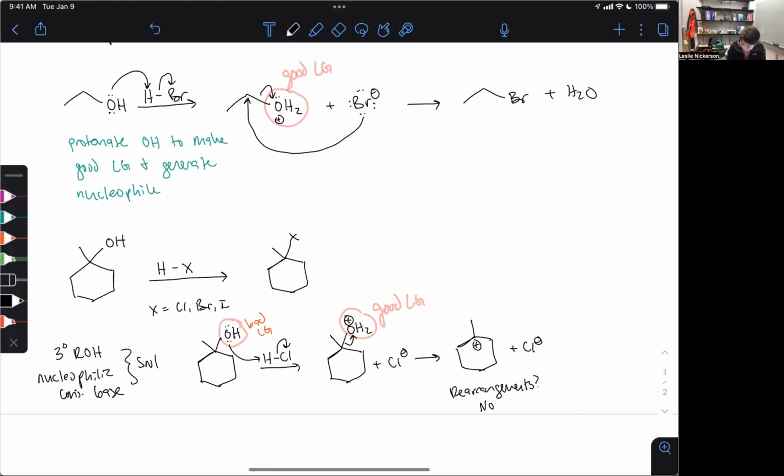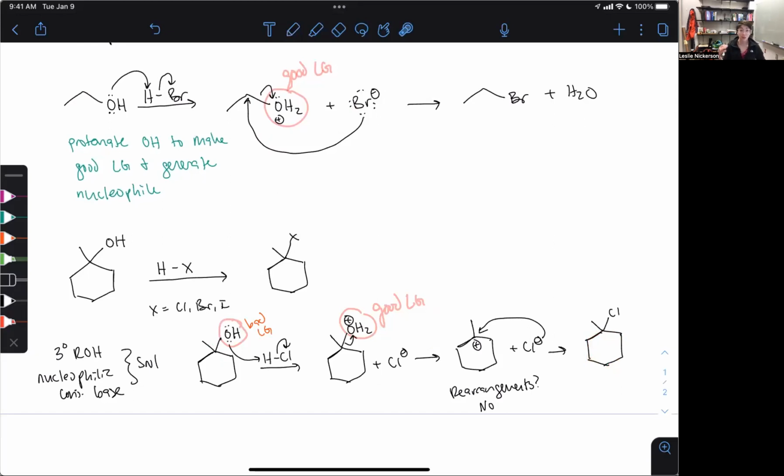That's still just kind of kicking around, and now it's ready to act as our nucleophile. And again, we'll end up with racemization of that stereocenter if it was a stereocenter. In this case, since it is not a stereocenter, I don't have anything to worry about.